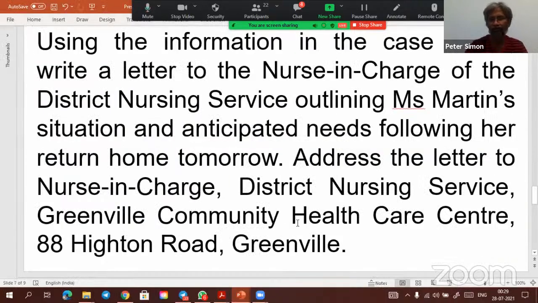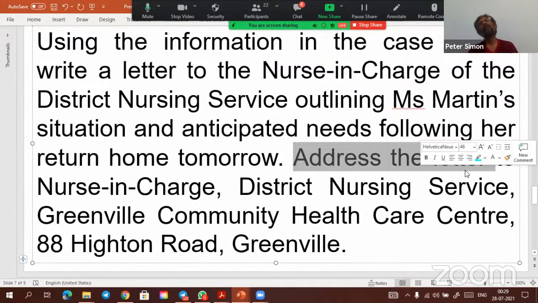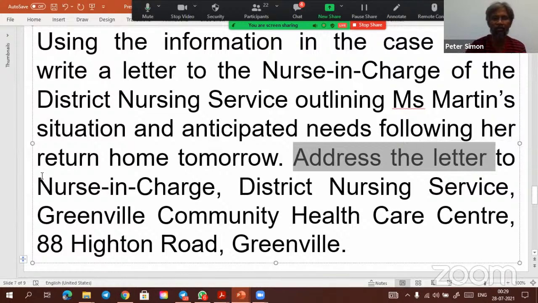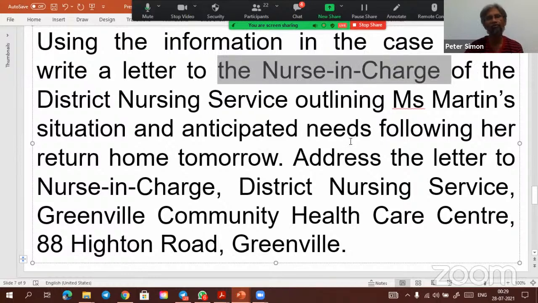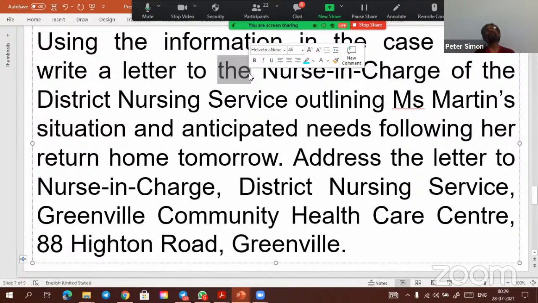Let me show you here. In the address, I told you already, some things will be missing. So you have to take from the previous one. Address the letter to nurse in charge. Nurse in charge is here. But see here, the nurse in charge. So what you have to take? You have to take the from here.